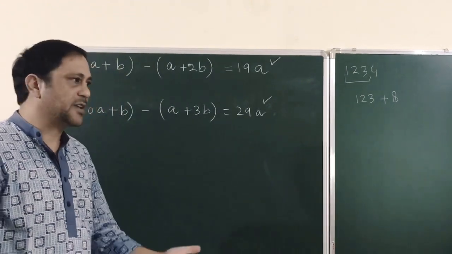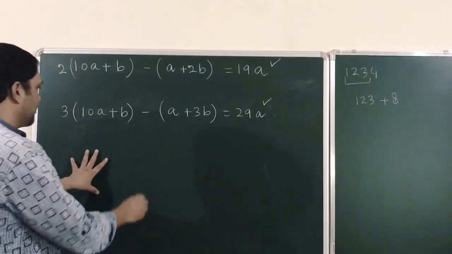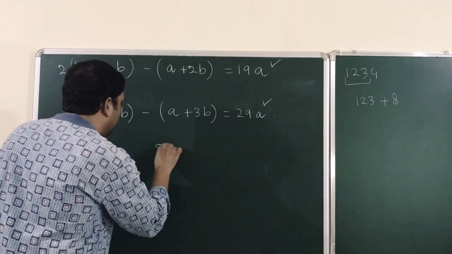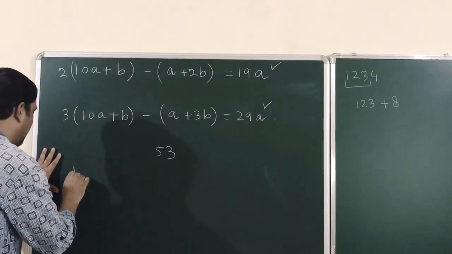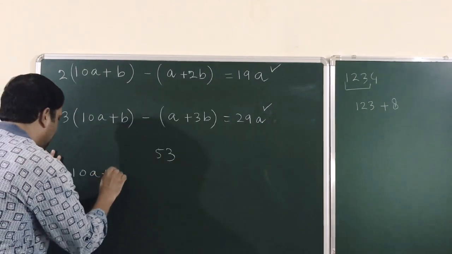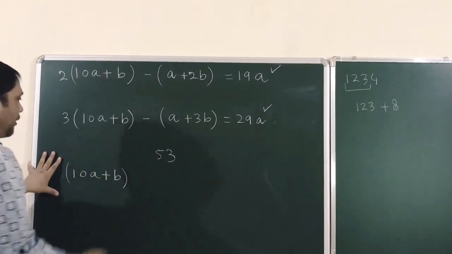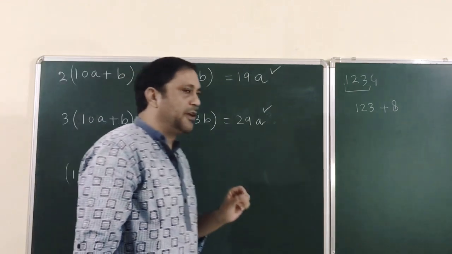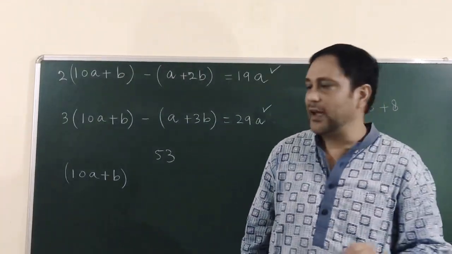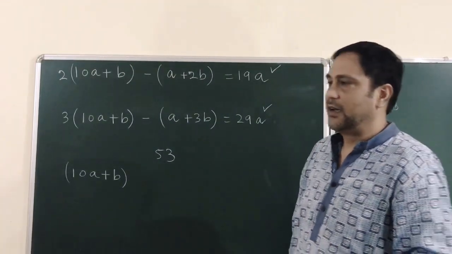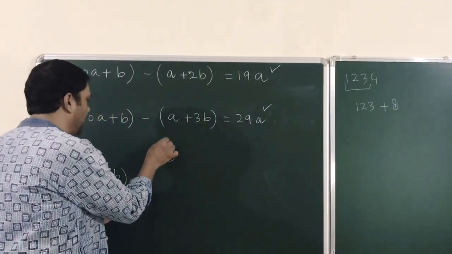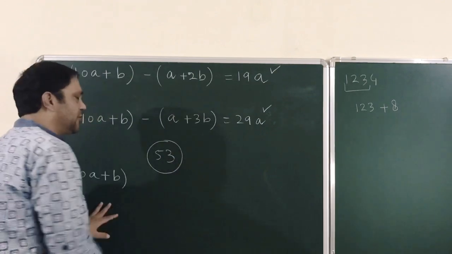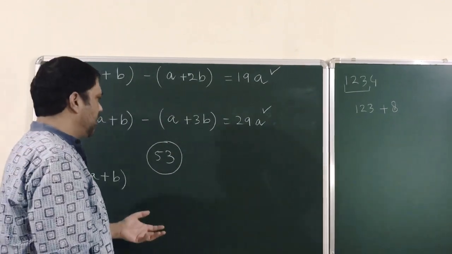Even bigger numbers are asked. Let's say, for example, the divisibility by 53 is asked. In that case, you just write 10a plus b. Now we will try to find a multiple of 53 which is close to a multiple of 10.